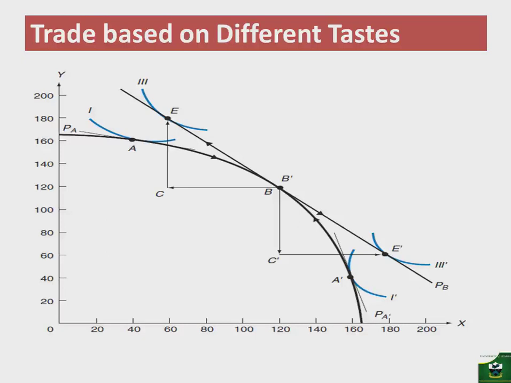But if we have different tastes, consider nation 1, which is in autarky at point A on indifference curve I1, and nation 2, which is in autarky at A prime on indifference curve I1 prime. And therefore we know that at this point, the relative commodity price in nation 1 is lower than the relative commodity price in nation 2.